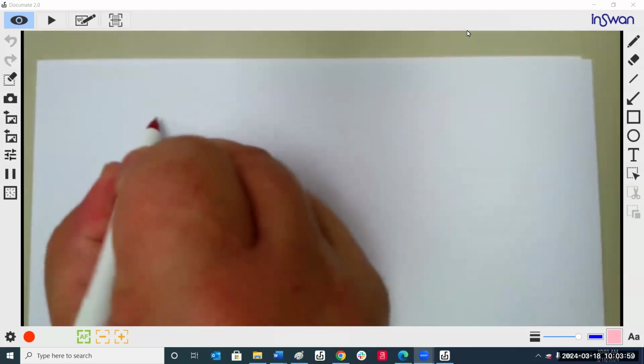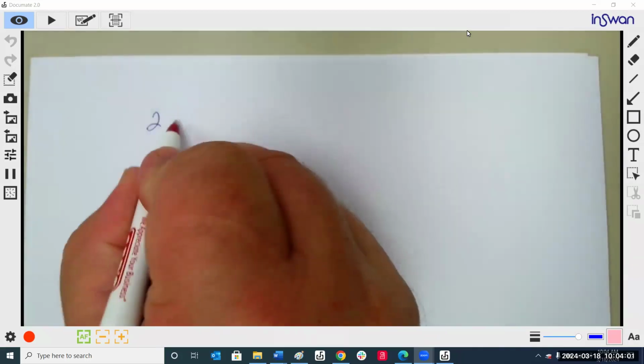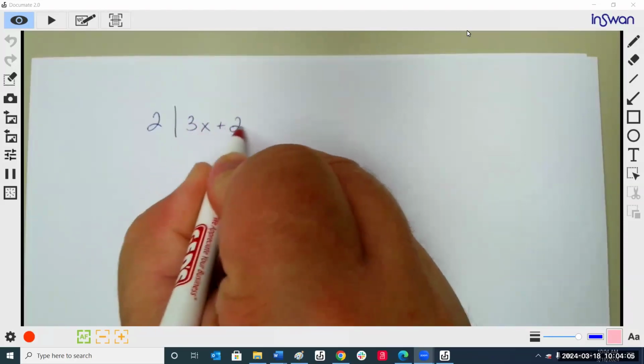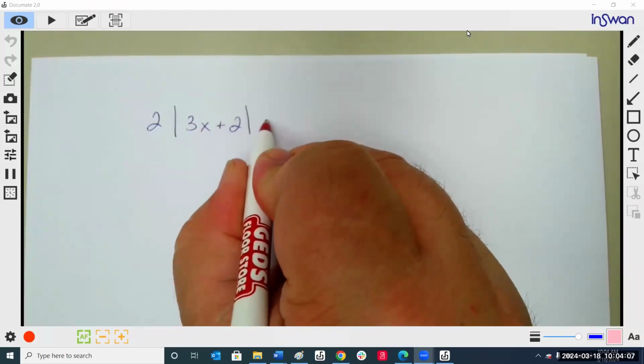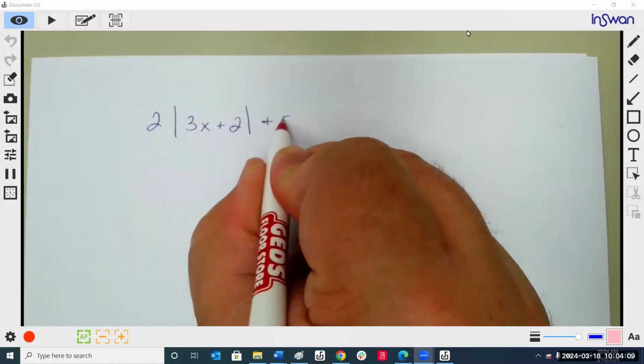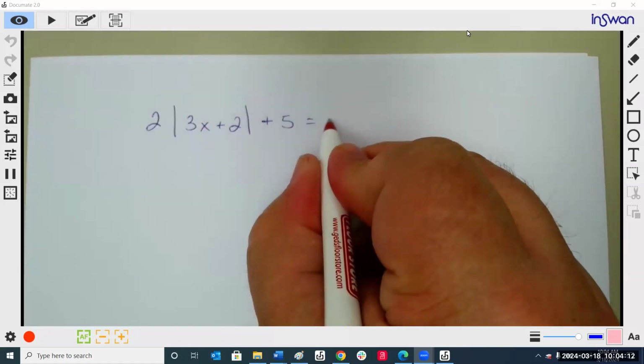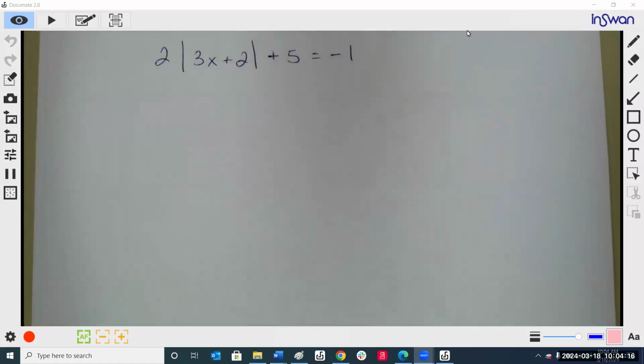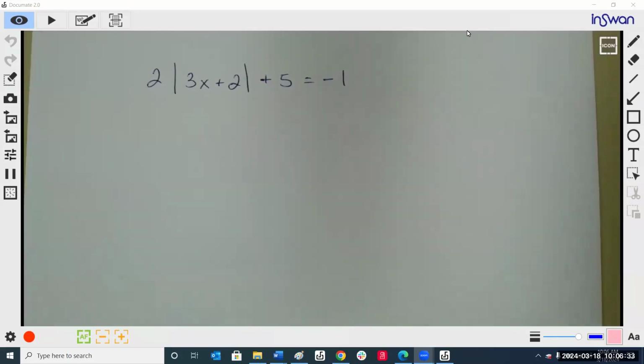All right, let's try one more. Then we'll move on to inequalities. First step.